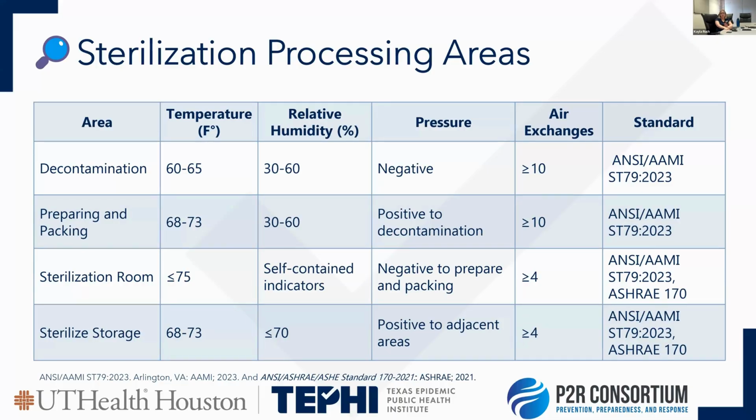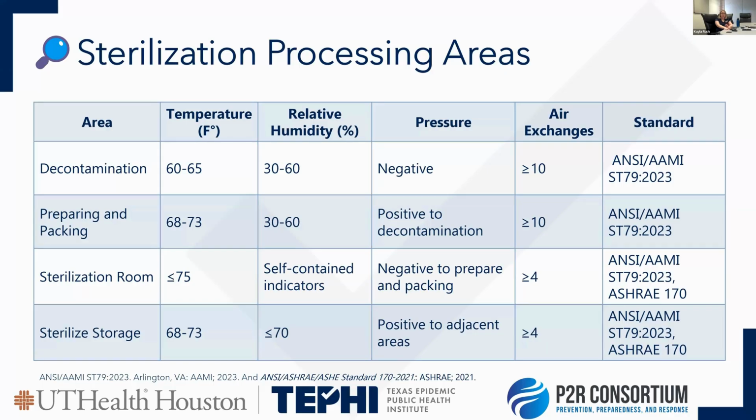Make sure you know the new codes, and whether your building has been grandfathered in for other things. For decontamination, you should have a temperature range and relative humidity within the standard, and the pressure in that area should always be negative because it's a bunch of dirty stuff. You also want a minimum of 10 air exchanges per hour or more.